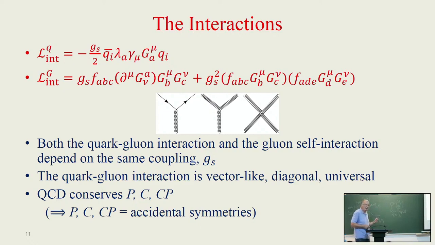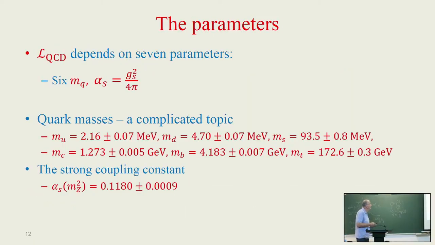There is not an up quark coming in and a top quark going out. No such thing here. It's universal. It's the same strength of interaction for UU bar, DD bar, SS bar, etc. And it conserves parity, charge conjugation, and CP. We did not impose them a priori. It's a consequence of the symmetries that we impose. So these are the interactions of the model.